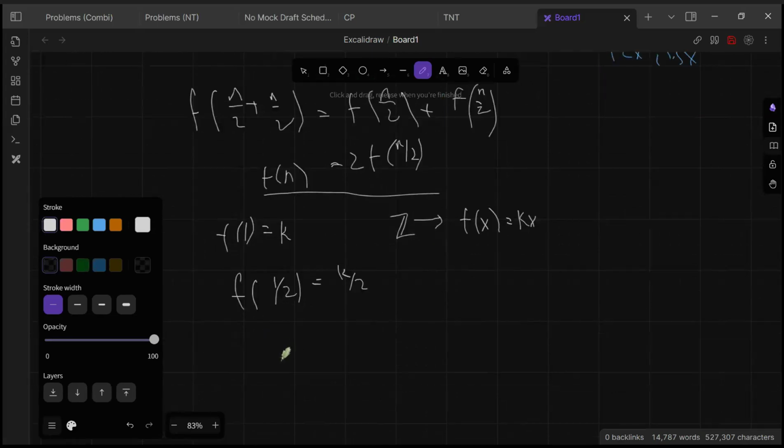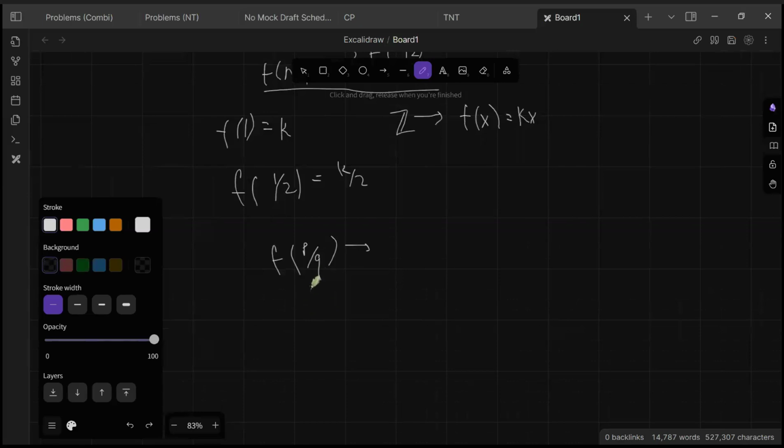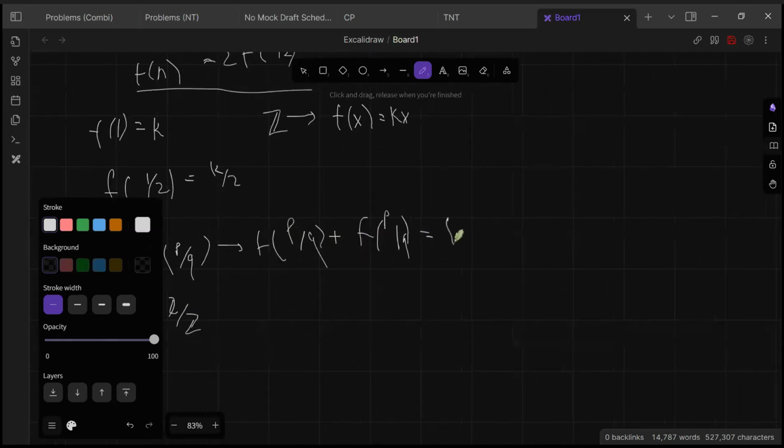And in general, when we have f of p over q, by p over q I mean assume it's in primitive form, p and q are coprime and they're both in Z. So it's some Z divided by some Z. What we get is f of p by q plus f of p by q, this is going to be f of 2p by q.